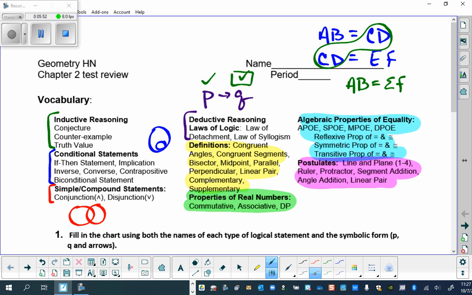If I'm talking about congruence, then I'm talking about segments that are congruent, segments that are congruent, therefore segments are congruent. So that transitive property, if I'm dealing with numerical values, it's equality. If I'm dealing with things, segments and angles, then it's congruence. Does that help? Okay.